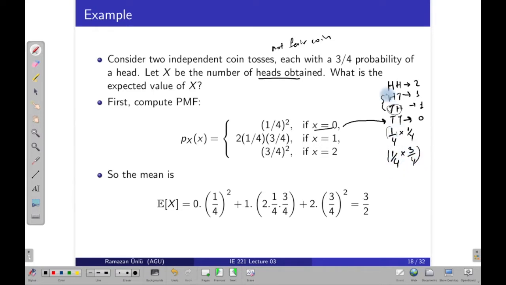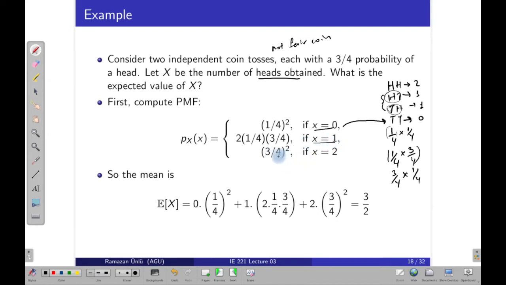And the second one is the same actually, which is 3/4 times 1/4, getting the probability of head and getting the probability of tail. So I can simply write this as 2 times 1/4 times 3/4. So this is the probability if x is equal to 1.